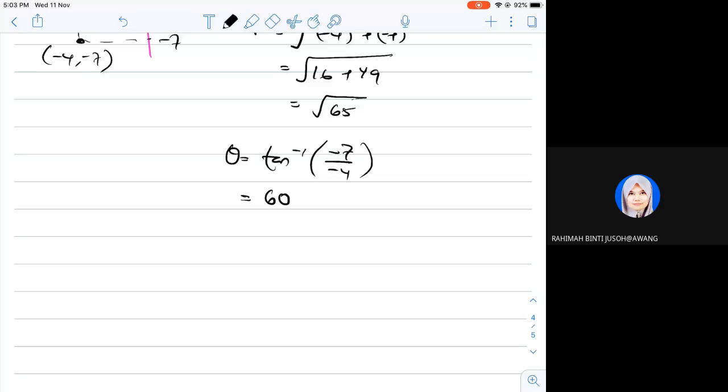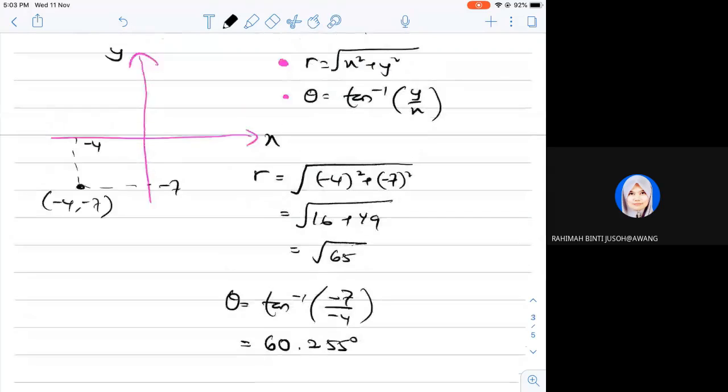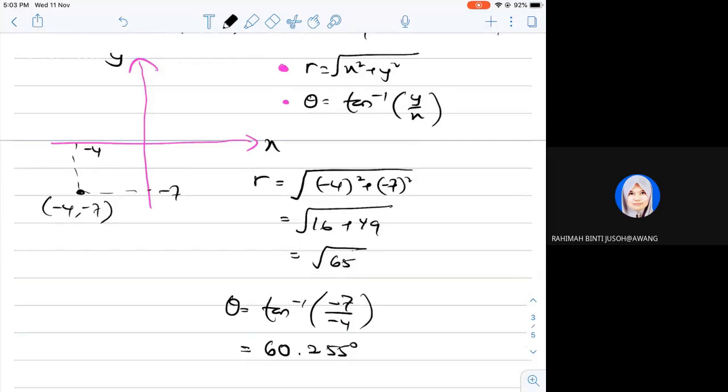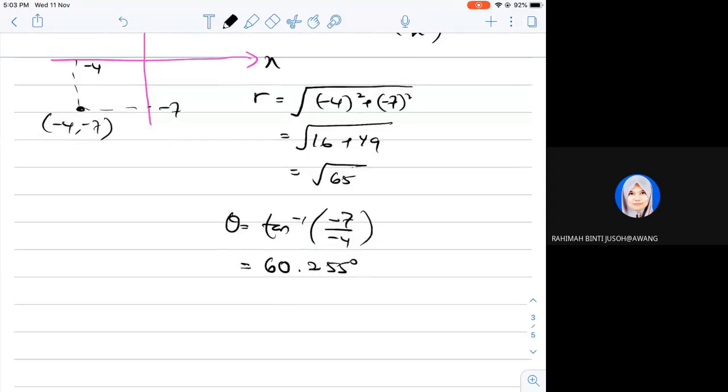Okay, guys, I give you tips. For this type of question, if you want to find the arc sine or arc cos or arc tangent, you have to change into degree mode. It's better for you to change into degree mode. So 60.255 degrees. Now, if you put your answer like this, where is the position of this angle actually?